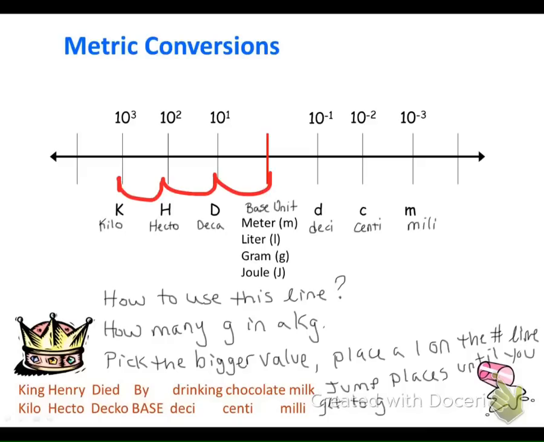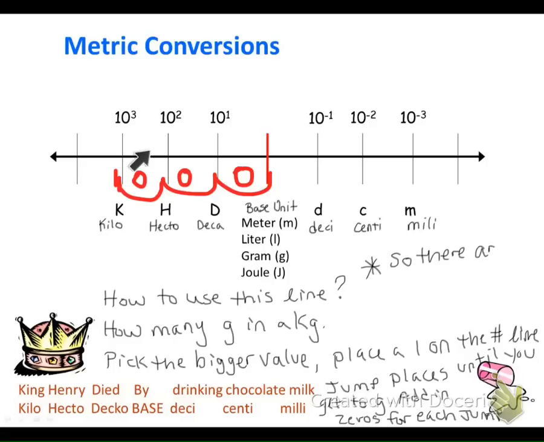When I make those jumps, I'm going to put in zeros, and so those jumps represent zeros, so I know that for each jump there's a 0, and that for every 1 kilogram, there are 1,000 grams. So that's a little hint in terms of how to use that metric conversion scale.